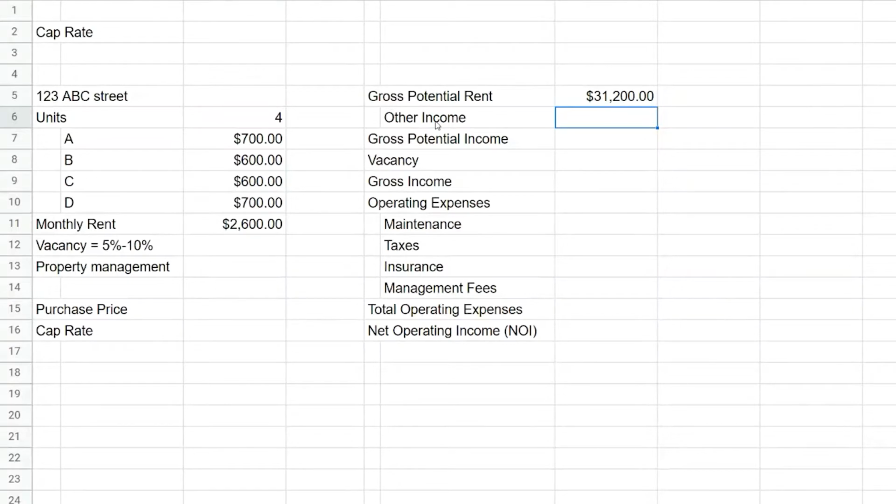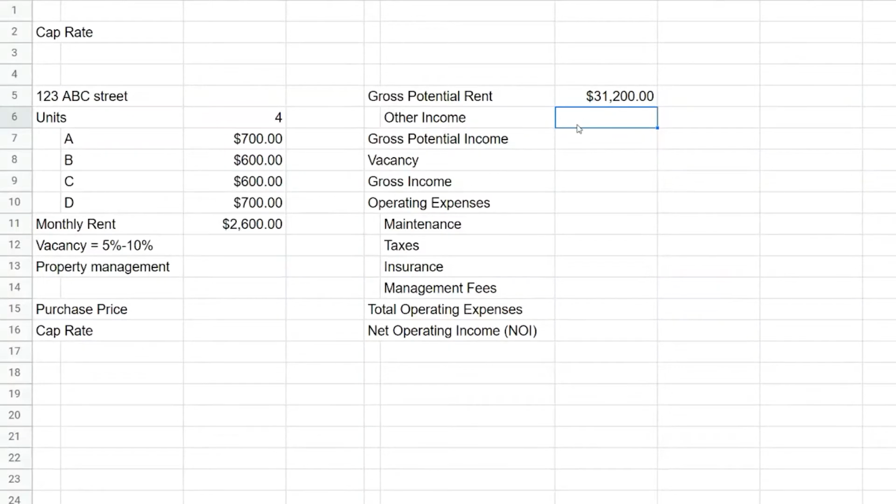Your other income that you could possibly have, it's fairly rare until you get into units such as an apartment complex and stuff like that, is you could have storage units and different things like that. That's where you'll actually put in an amount here.